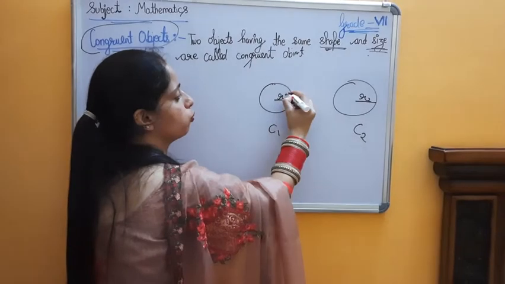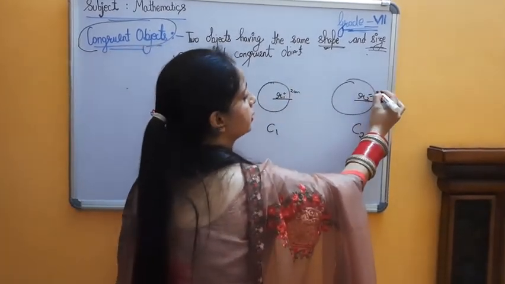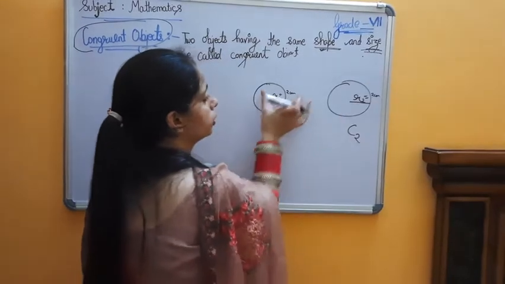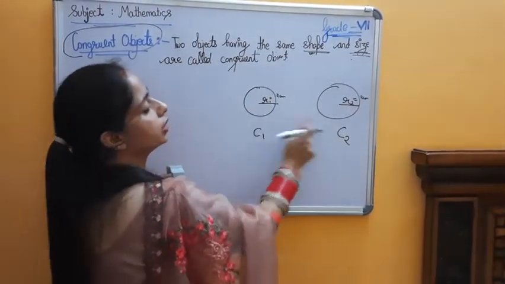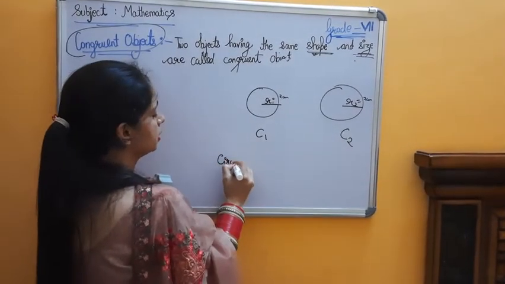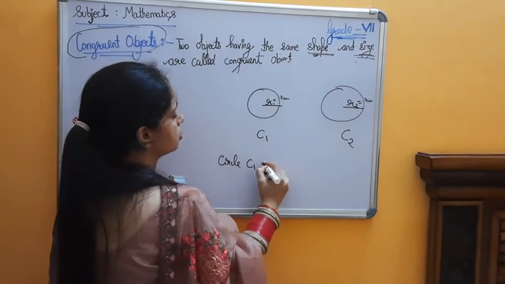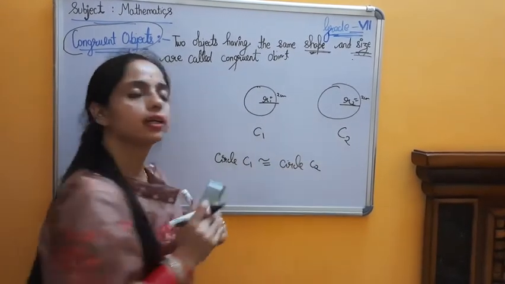R1 is 2 centimeter and R2 is also 2 centimeter. Both the radii are same, so these two are congruent. So we will write circle C1 is congruent to circle C2.